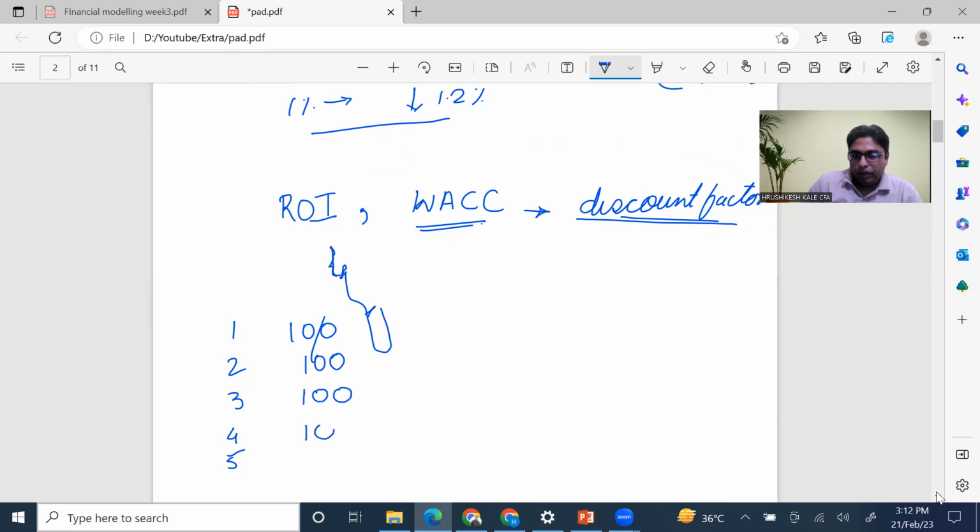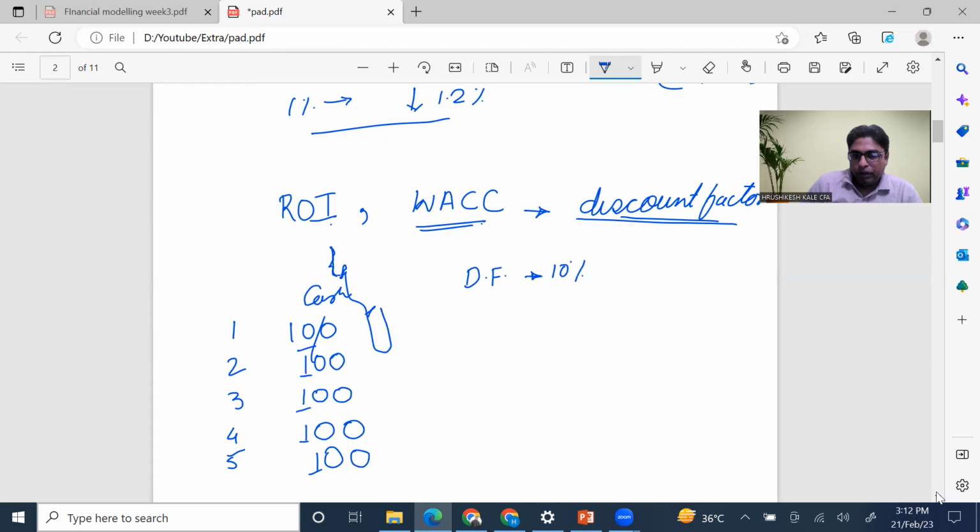Now, what are these cash profits and what are normal profits? That we are going to see next. But right now, assume that 100 rupees is my profit every year, cash profit. And my discounting factor or discounting rate or return on investment, WACC, cost of equity, let's see that as 10%.